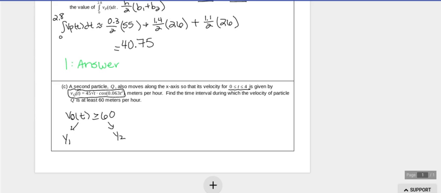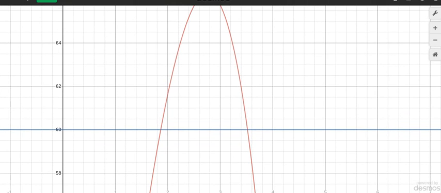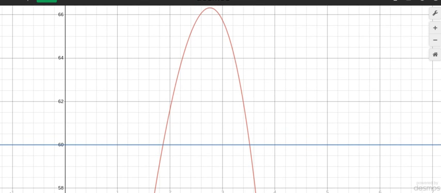So I'm going to show you real quick. I've got this on Desmos. The red line that you see here is the velocity function, and then you can see we've got y equals 60 drawn in with this blue line. So we can see there's almost a parabola-looking shape where the velocity is greater than 60. So find those intersection points. On here it's nice and easy, right?